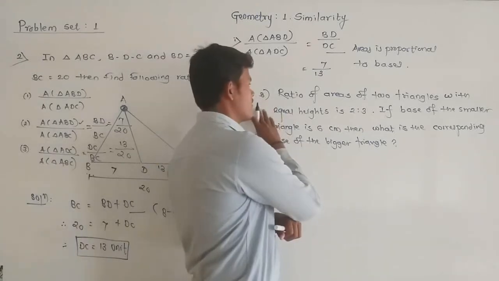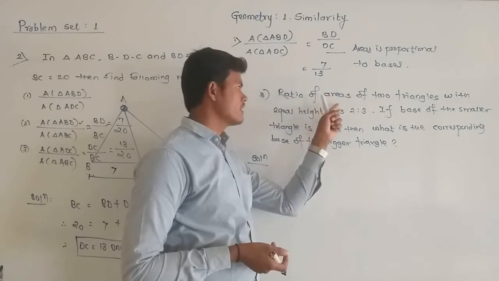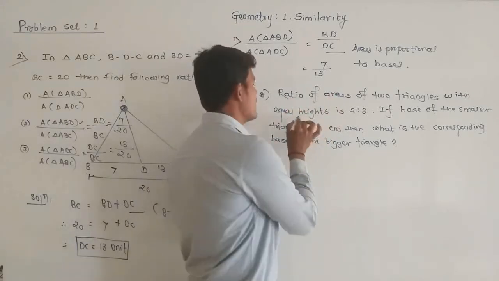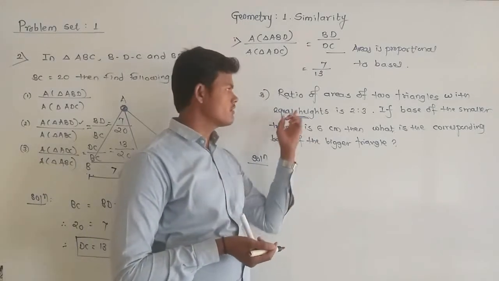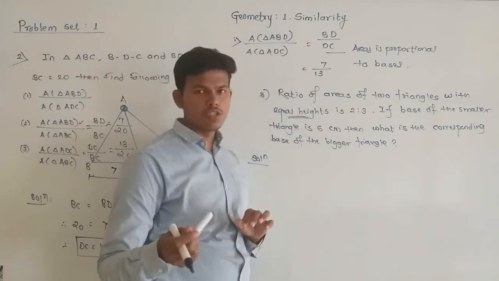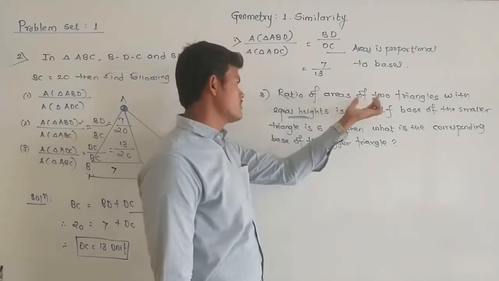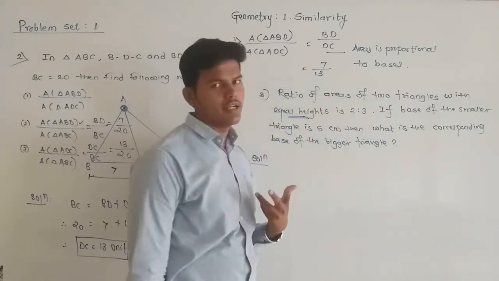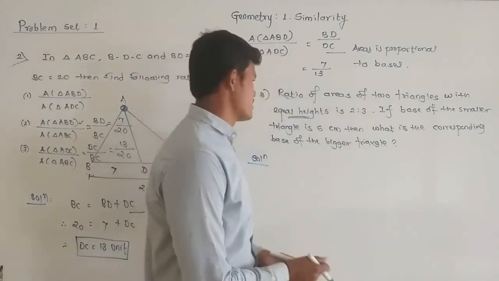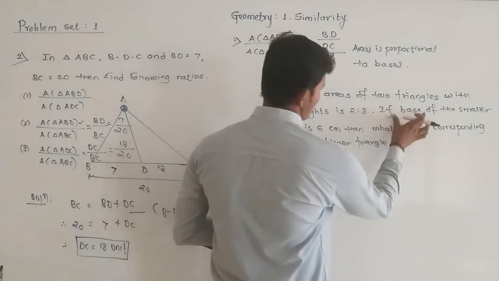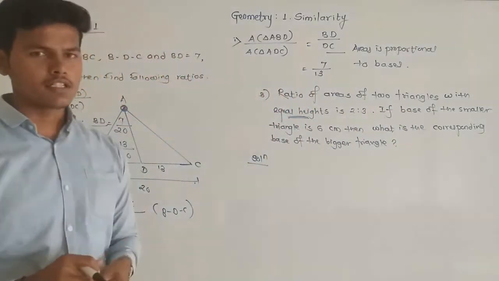But in question number three, the given statement is ratio of areas of two triangles with equal heights. And for ratio of areas of triangles with equal heights, their area is proportional to their bases. Can you reason what condition is given? Ratio of areas of two triangles but with equal heights, and if heights are equal, then area is proportional to their bases. Okay, next, if base of the smaller triangle is 6 centimeter, then what is the corresponding base of the bigger triangle?